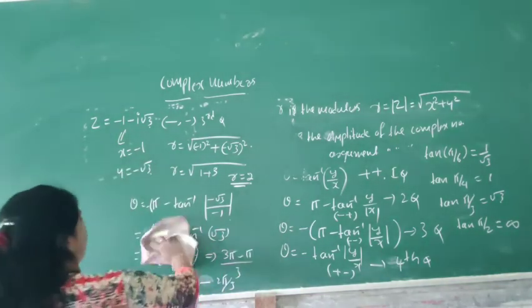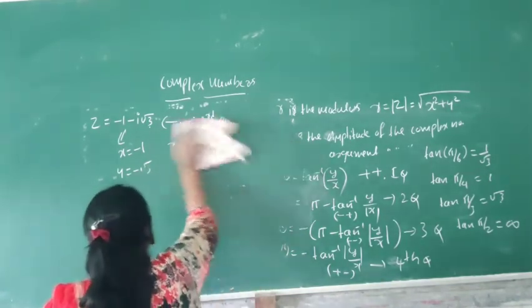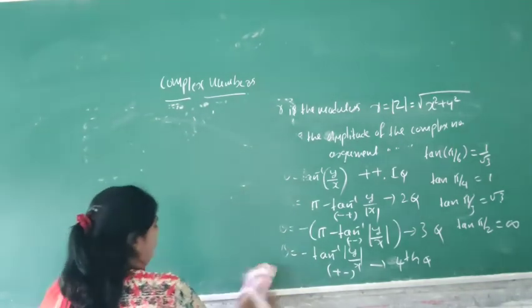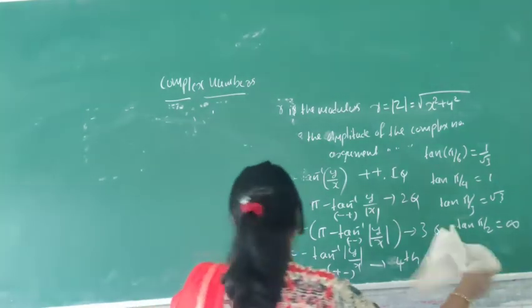This is the polar form of the complex number. So this is important. For 2 marks, 3 marks it is coming in the examination. For 2 marks, a little bit simple problems will be there.